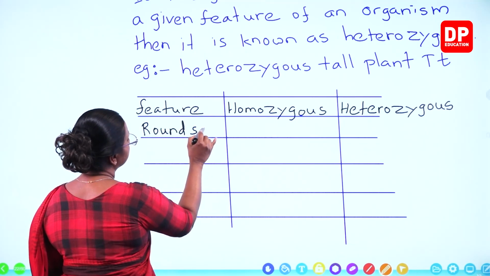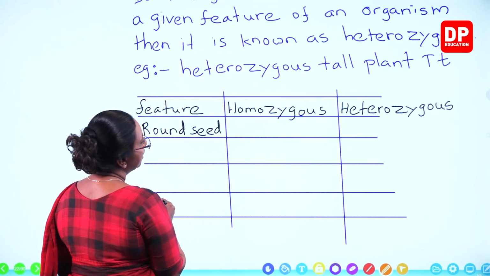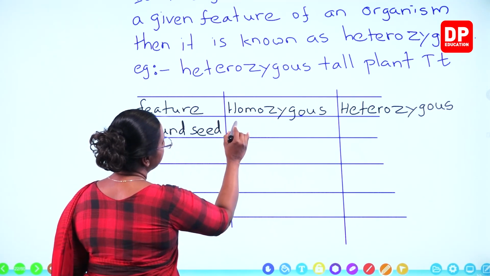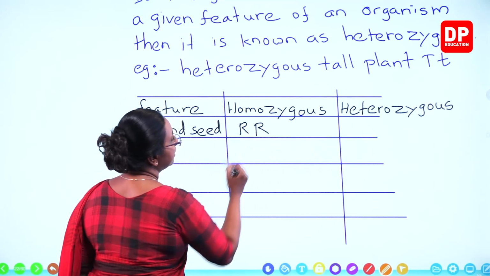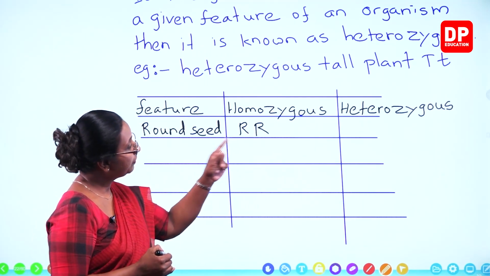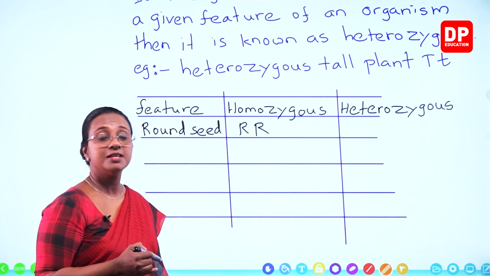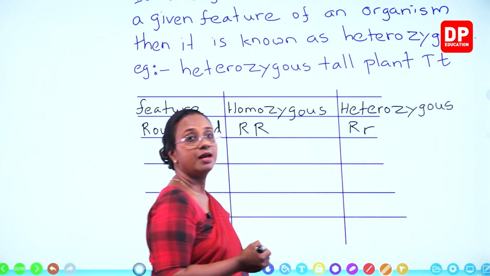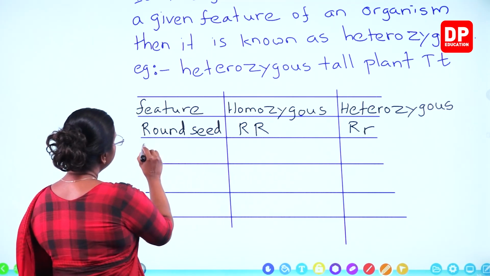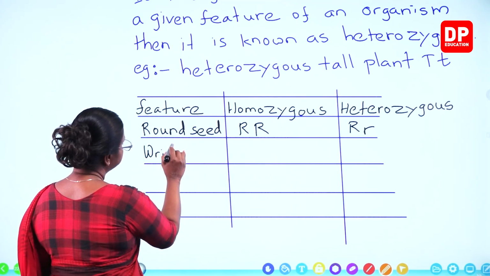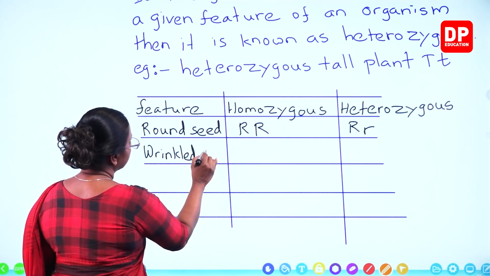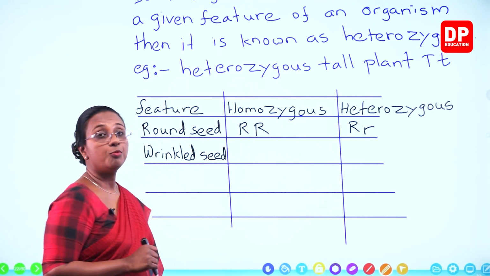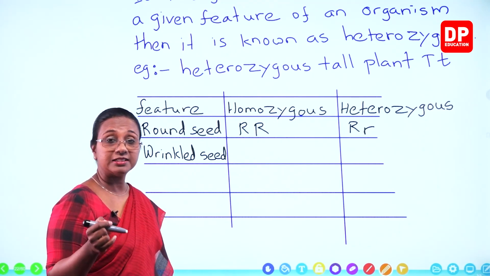So if you take round seed, what is the homozygous instance? Since this is the dominant character, capital R, capital R. Do we have a heterozygous instance? Yes, that is capital R, simple R. Then if you take the wrinkled seed, that is homozygous because it's a recessive character.